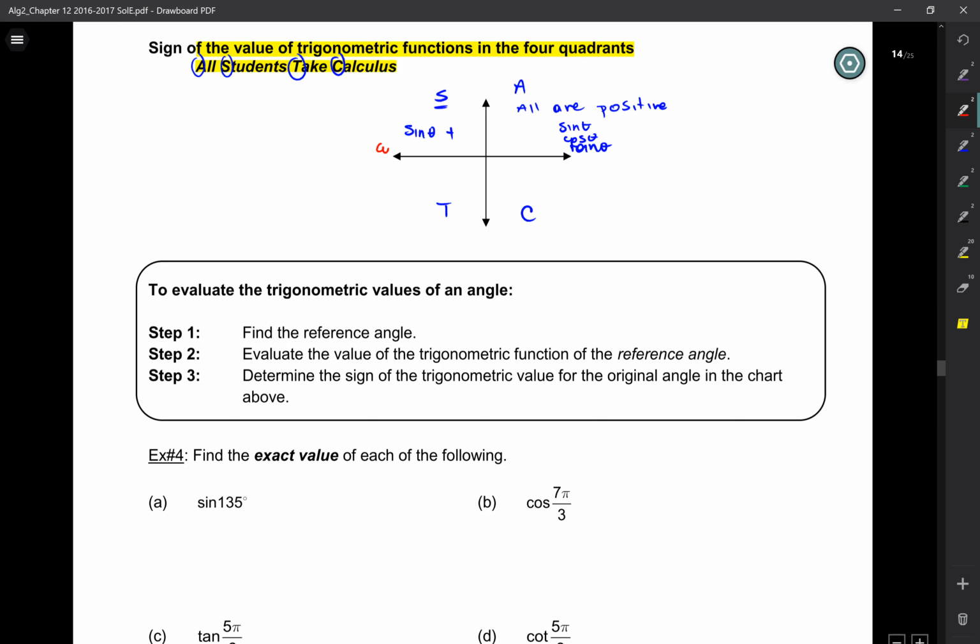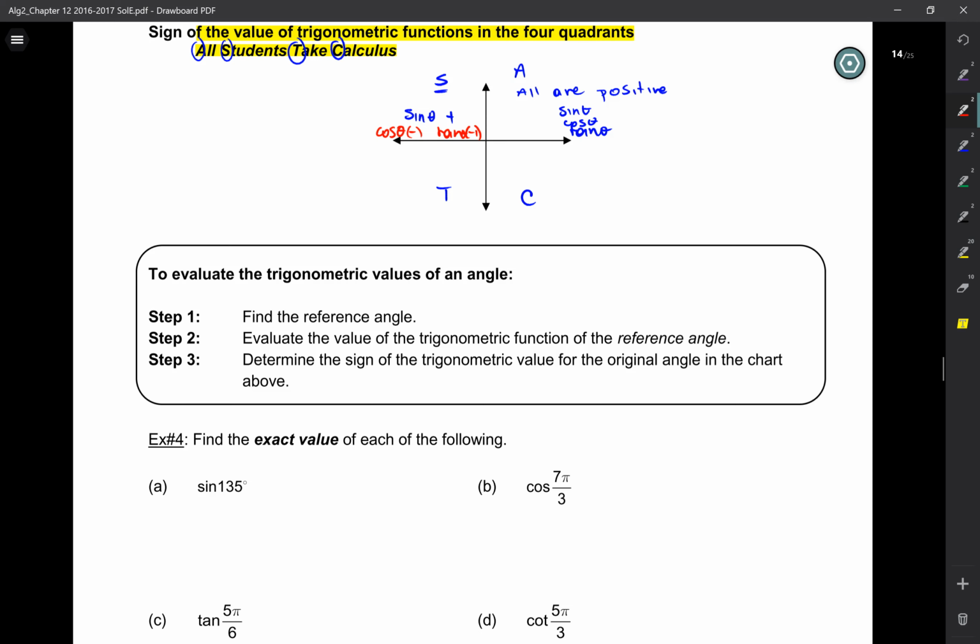That means cosine is negative, tangent is negative. That means T is, which one is positive for T? Tangent is positive. Sine is negative, cosine is negative. C is cosine. Cosine is positive. Sine is negative. Tangent is negative.